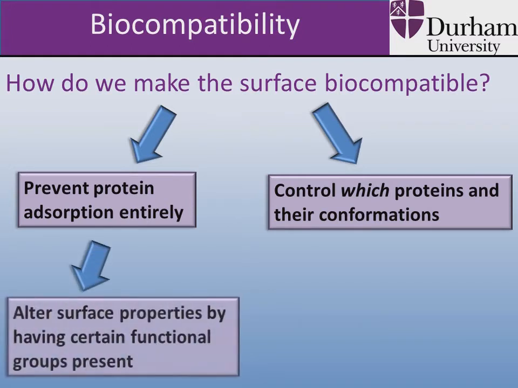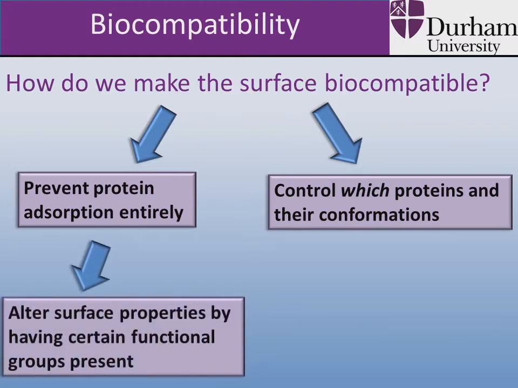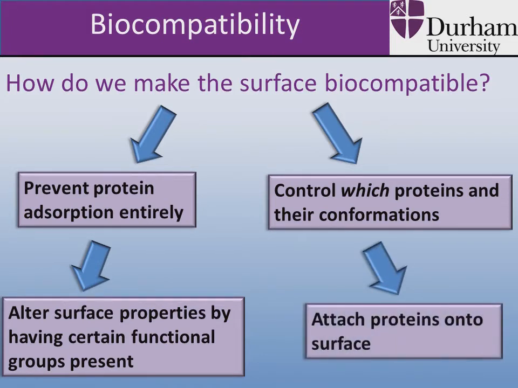Two ways to achieve this are adding functional groups to the surface to give it certain properties, or attaching proteins or biological molecules onto the object prior to implantation for control over what adsorption may take place.